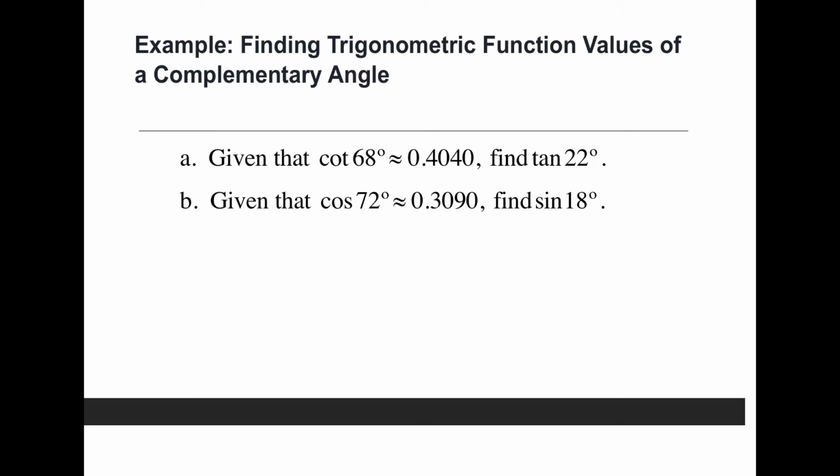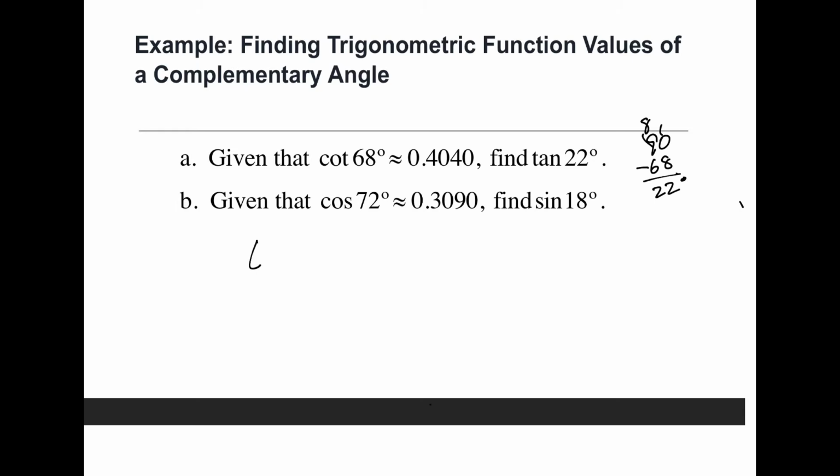So let's say that we know that the cotangent of 68 degrees is 0.4040. Find the tangent of 22. Well, we can notice that 90 minus 68 is 22 degrees.